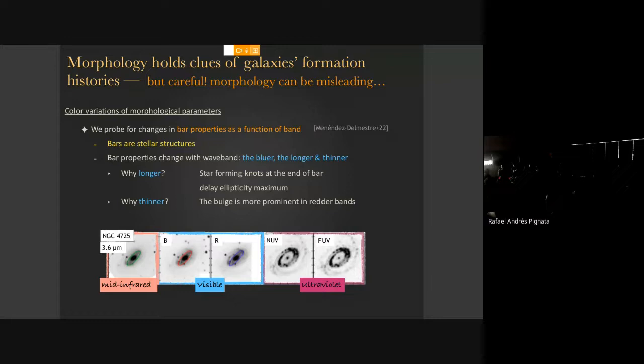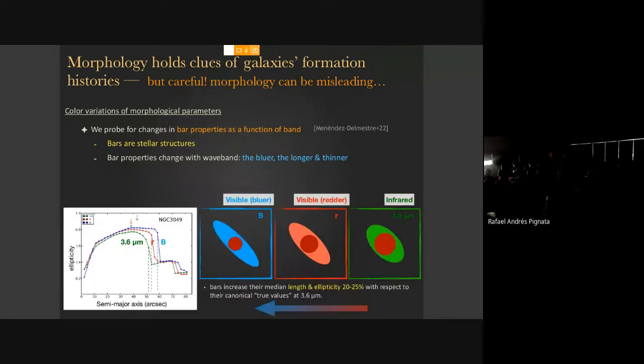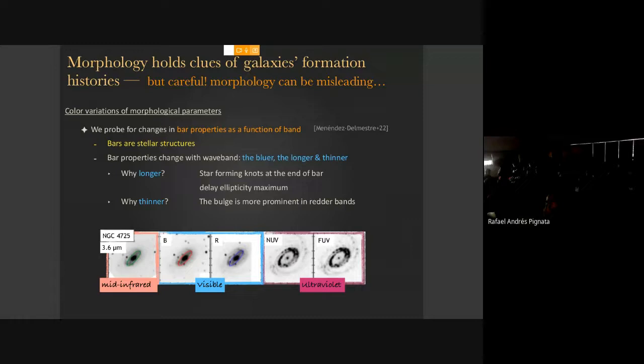So as you go to bluer, those ends of the bar will actually stretch a little bit, so it'll appear to be longer. So your ellipses, the isophote ellipticity, will continue to go on for a little while longer. So this is why you have this kind of behavior. It'll actually stretch, and why thinner when you go to bluer.